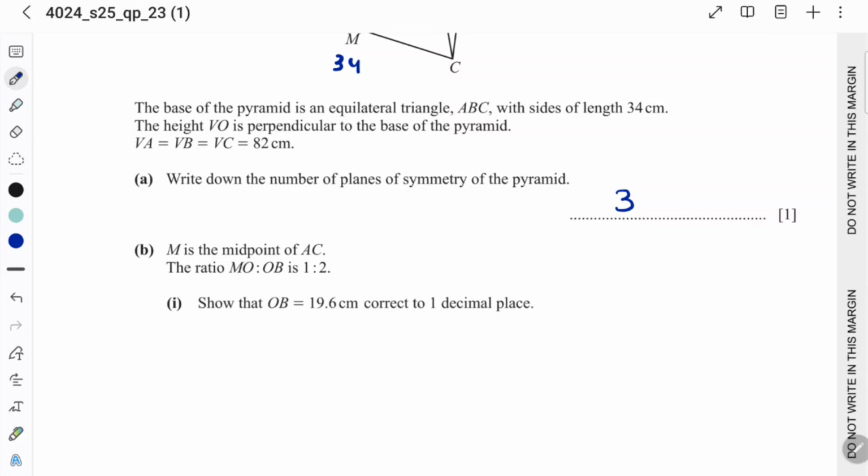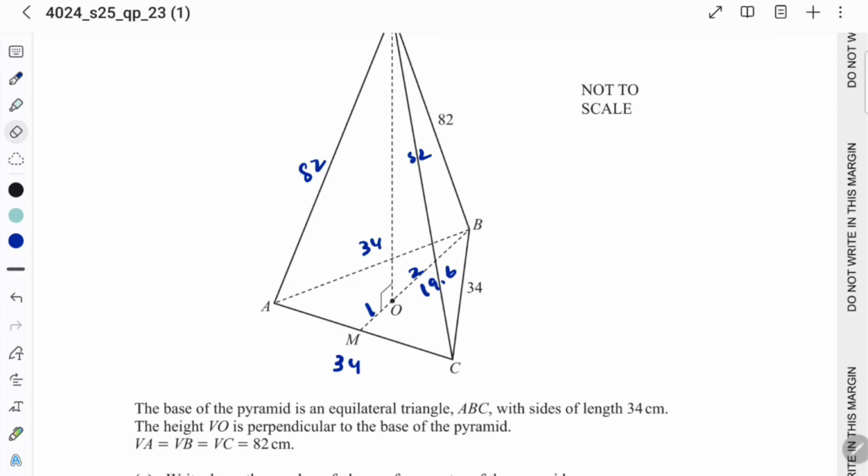They are asking us to show that OB will be equal to 19.6. So right now, we just look at this triangle, calculate the value of the whole MB, and then find the ratio 2 out of 3.